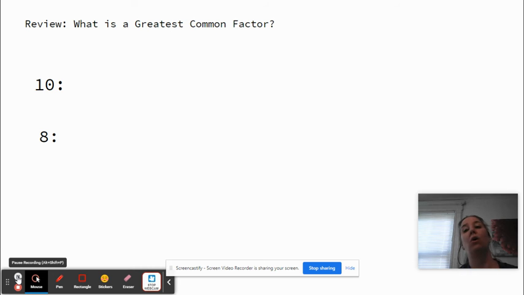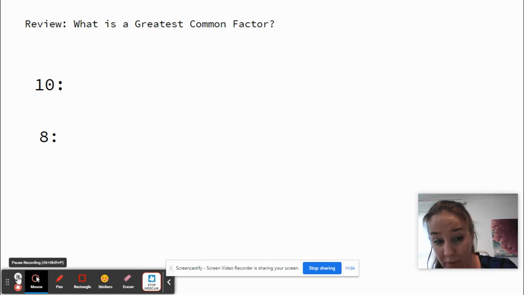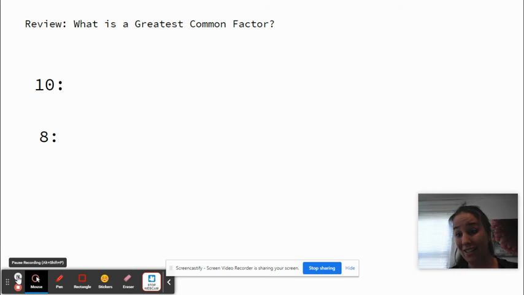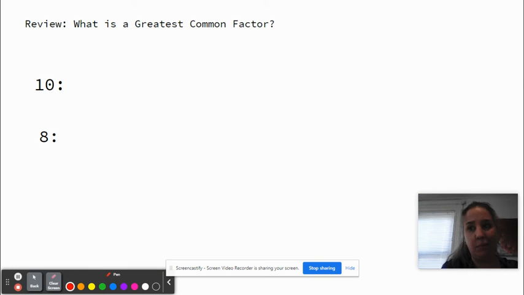So before we can talk about greatest common factor, we need to talk about what is a factor. If you remember, a factor is basically what numbers multiply to be some other number. So factors of 10. Does 1 go evenly into 10? Yes.